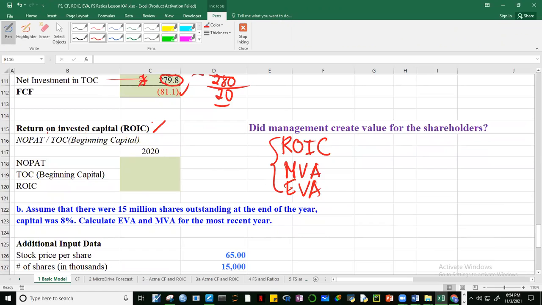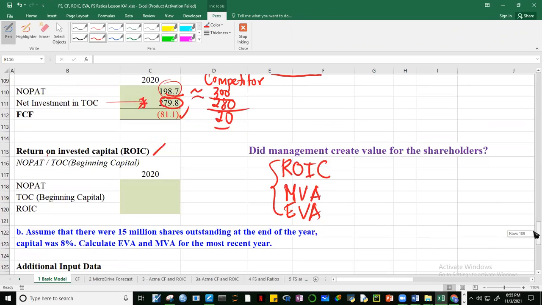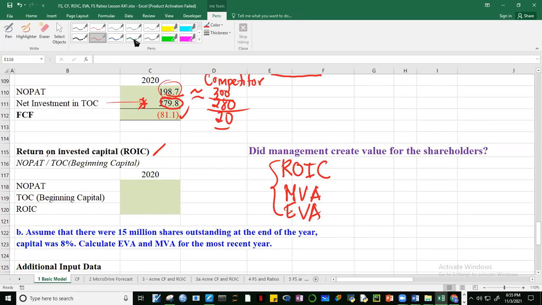It's best to appreciate this, guys, by understanding the story behind. So let's answer some basic questions. The basic question is, at the beginning of the year, January 1, 2020, how much capital, operating capital, was given to management?